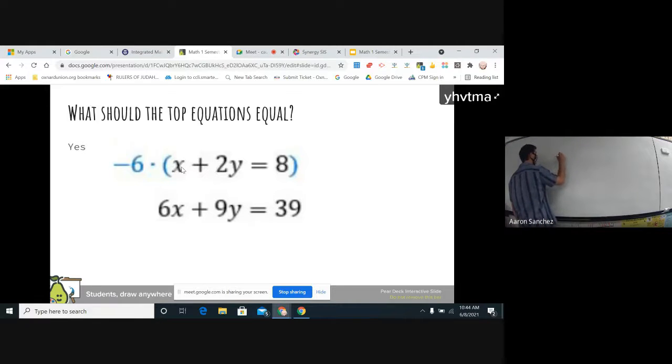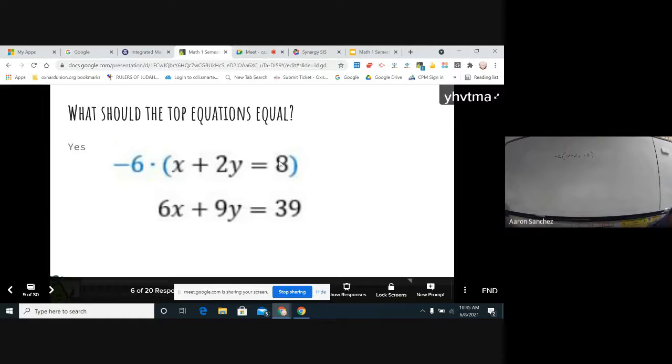Figure out what you got. 6 times x plus 2y equals 8. Okay, let's see what you got. You wrote it out. There's a negative 12y, and it's an equals. I think that's a typo, right? The equals? Yeah, the equals was a typo. But remember the negatives. Or was the negative a typo too?